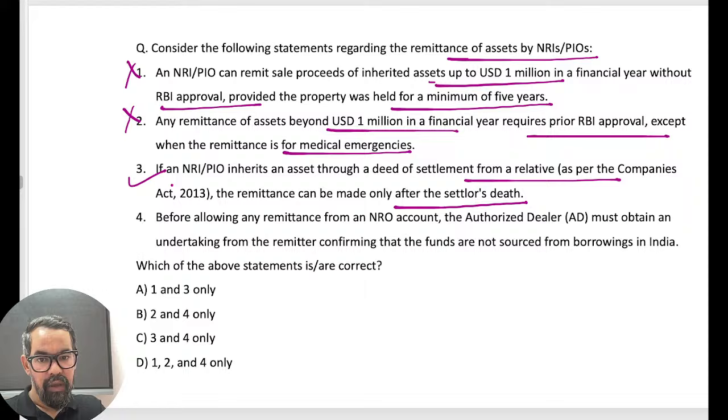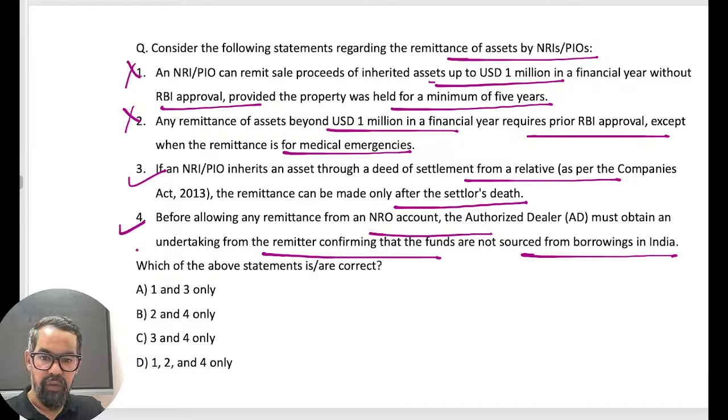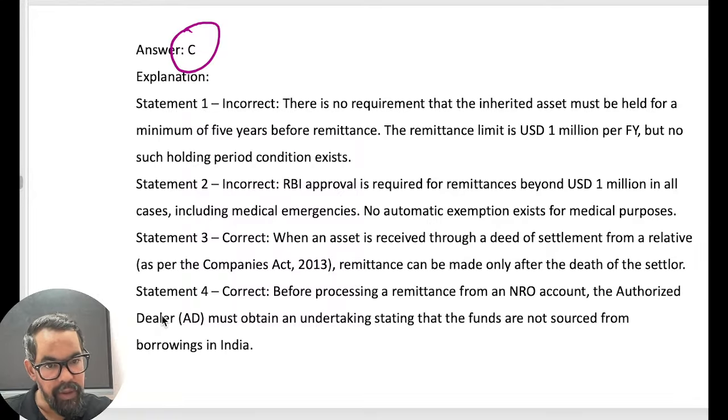It can be. Before allowing remittances from NRO accounts, the authorized dealers must obtain undertakings from the remitter confirming the fund sources are from India. This is all 2 and 4, no, 3 and 4 if it is about correct. 3 and 4 आपका should be the right answer for this particular one.